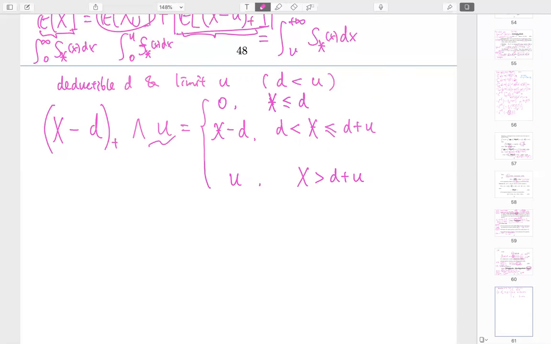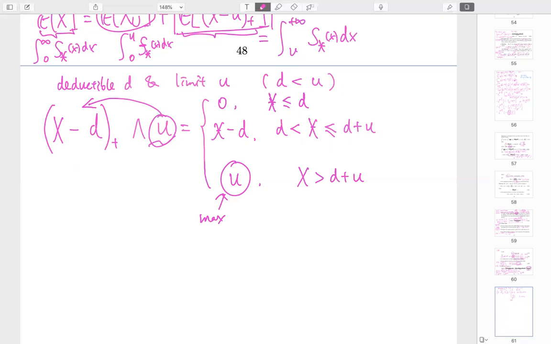In this particular example, the upper limit is applied to the deductible. So you apply the deductible first, and then you apply the limit. This limit will be the absolute maximum amount that the insurance company may need to pay.